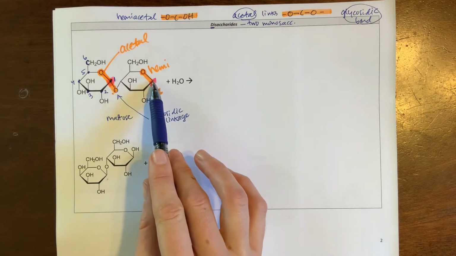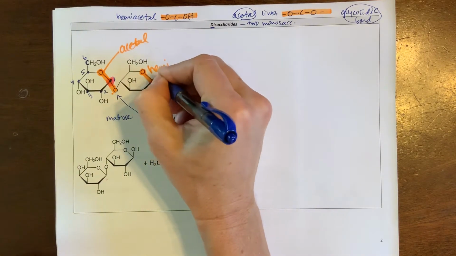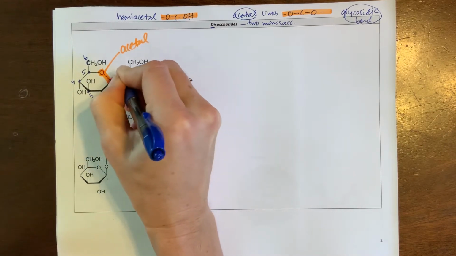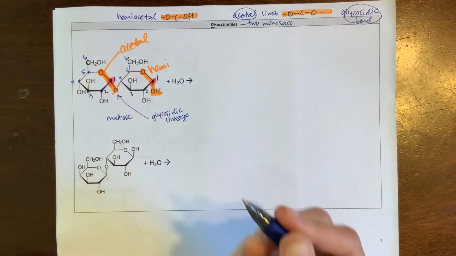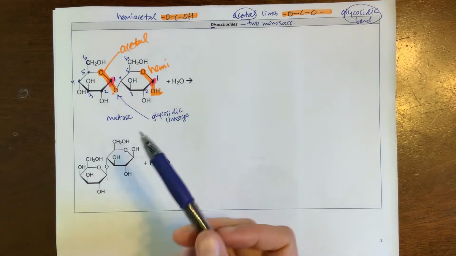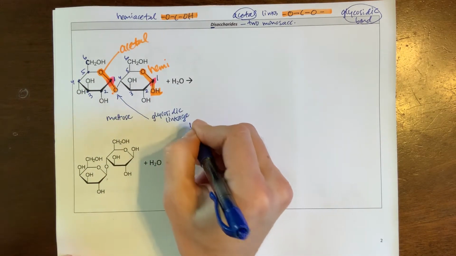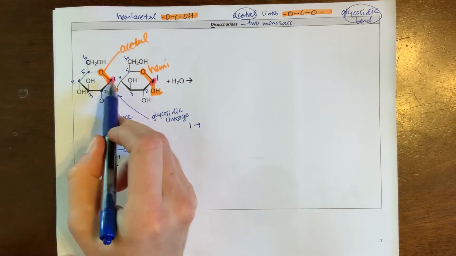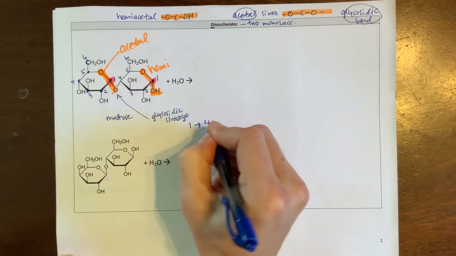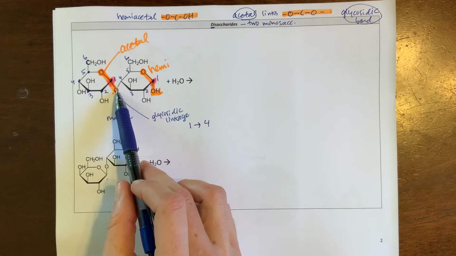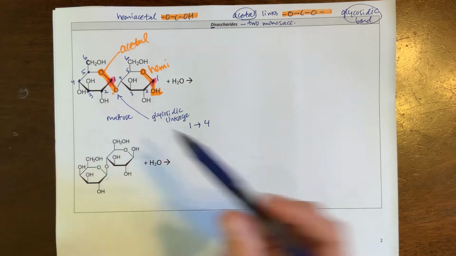Similarly, on this ring, I go to that anomeric carbon, and it's carbon 1, and I count my way around 2, 3, 4, 5, and 6 outside of the ring. When I describe this linkage, I describe it as a link from this carbon 1 to carbon 4 in the other ring. The final thing I want to describe is the orientation of this bond going down.